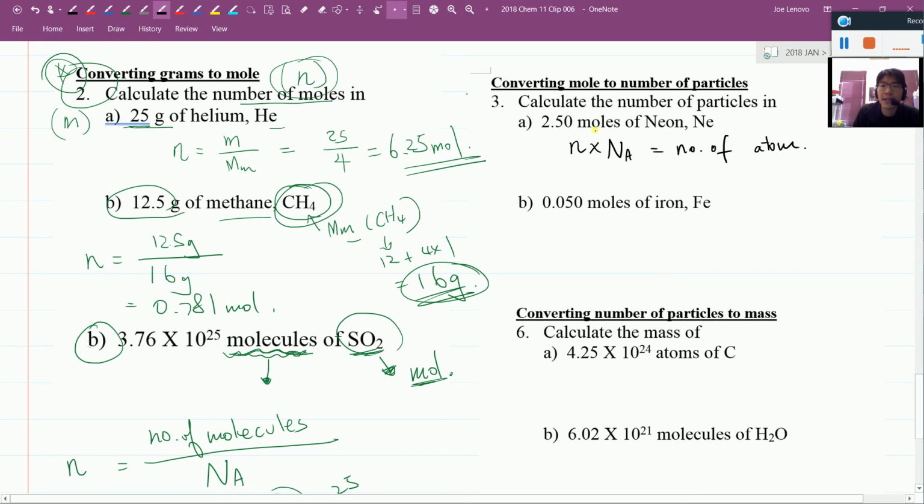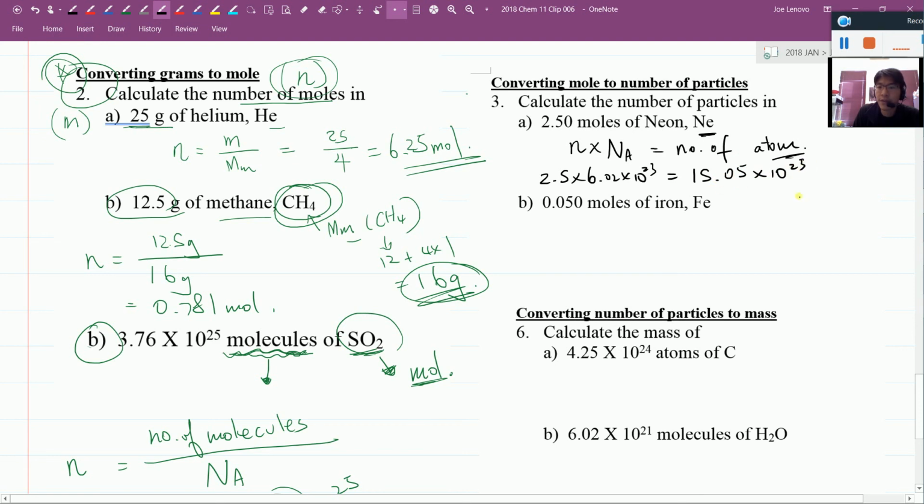This one only has neon, so that would be the number of atoms. 2.5 times 6.02 times 10 to 23. With my calculator, 2.5 times 6.02 gives me 15.05. It's 15.05 times 10 to the 23.